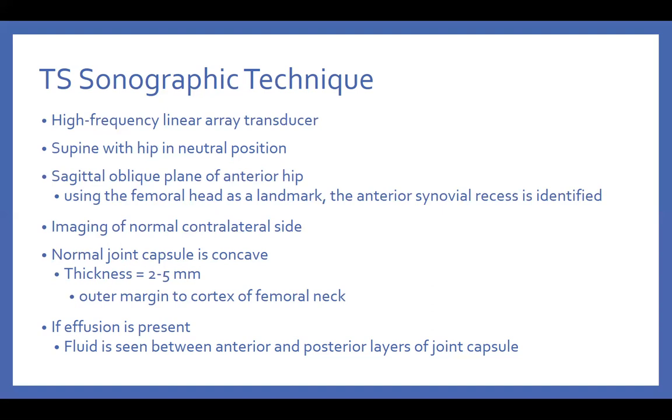It's always good to use landmarks. Using the femoral head as a landmark, you can identify the synovial recess and go from there. I'm going to show you an image with some labeling of the structures.